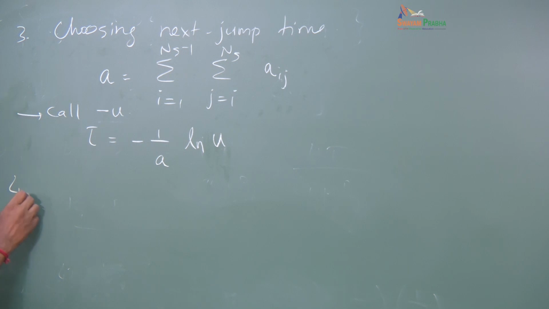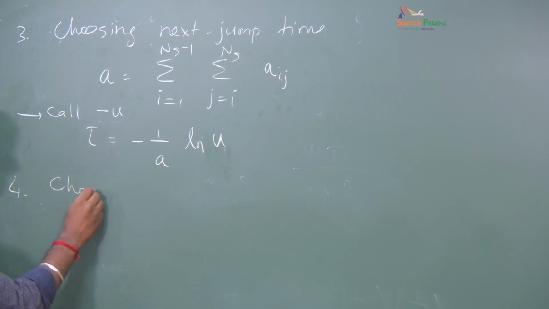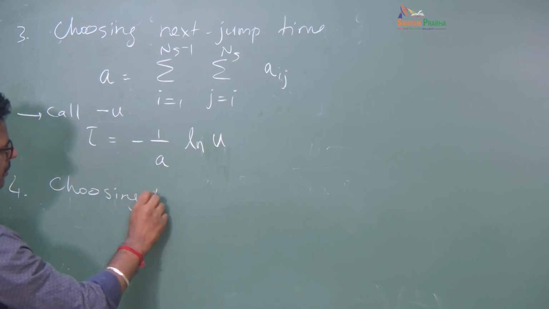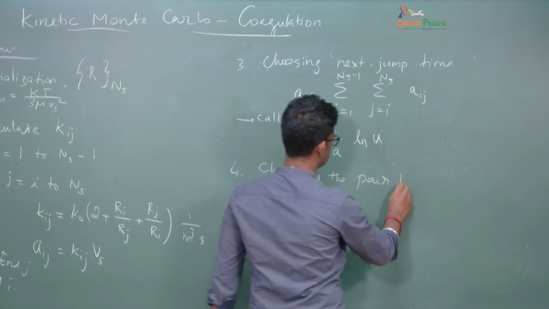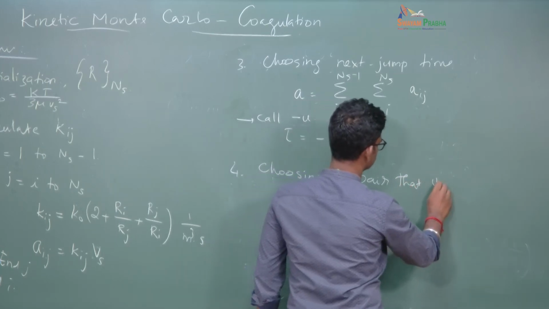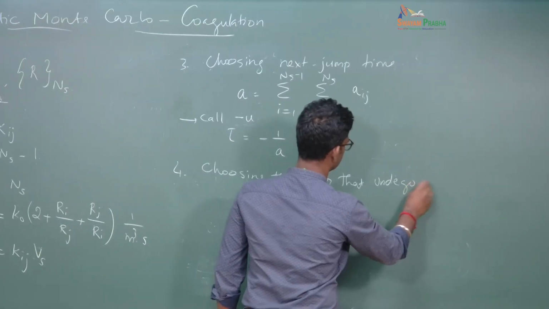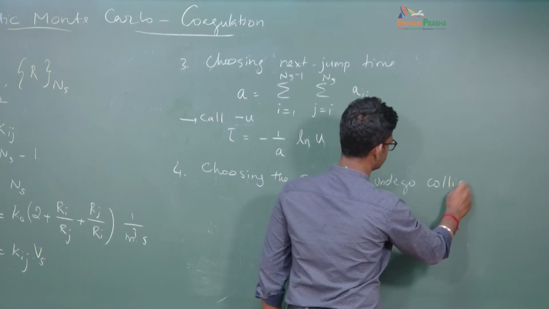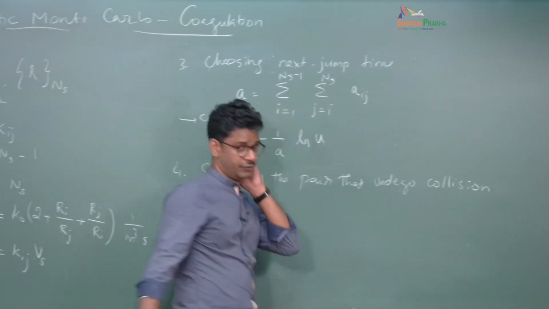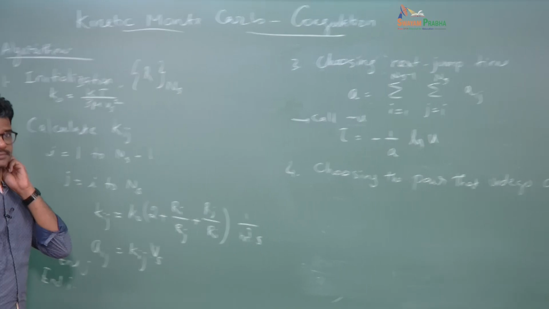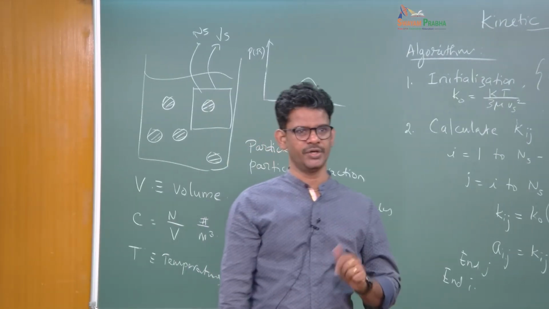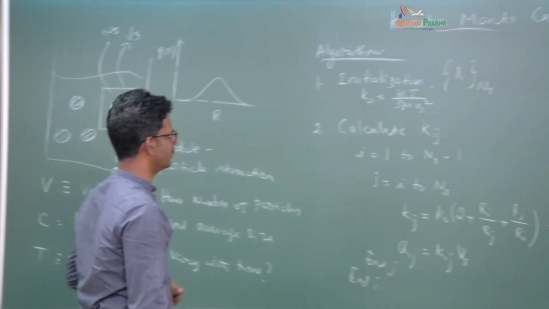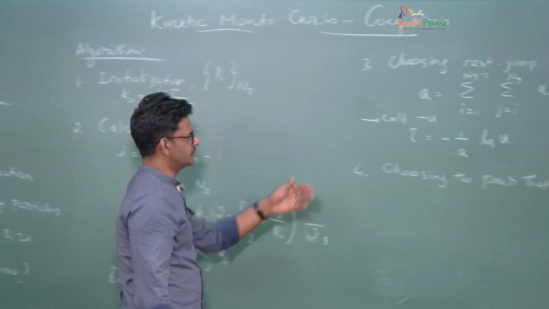The fourth step is choosing the pair. So now we have to choose out of this n square number of collisions, which pair, which ij pair is going to undergo collisions. Okay, so in that case again we use the same idea like before.